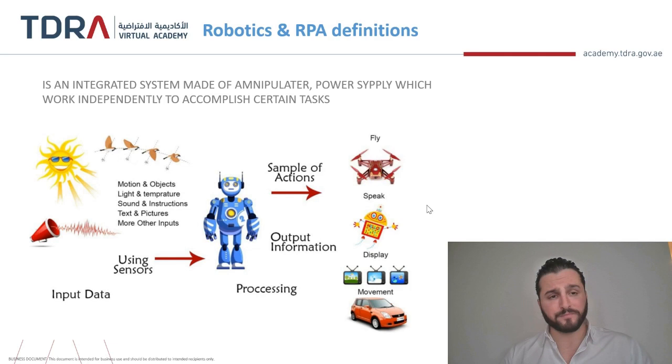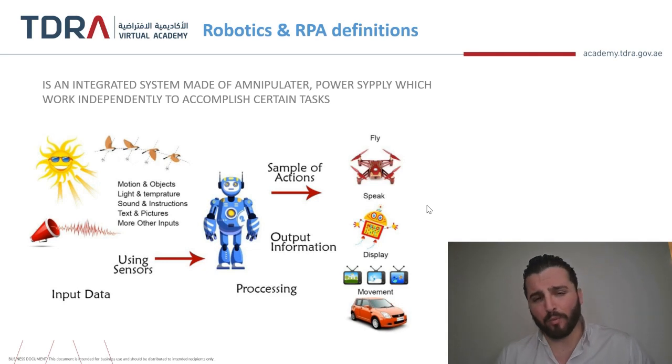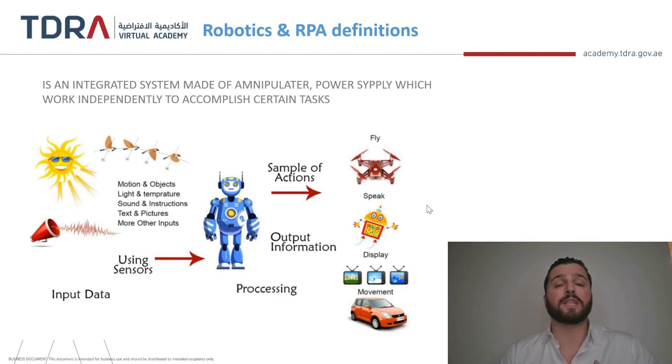Now, what do we mean by robots, and what do we mean by RPA in general? How are we going to use it? Robotics in general is a motion and activity detector for your environment. Usually we represent the robot by a physical presence that will interact with digital information around us to reflect it in virtual actions on our physical activities.